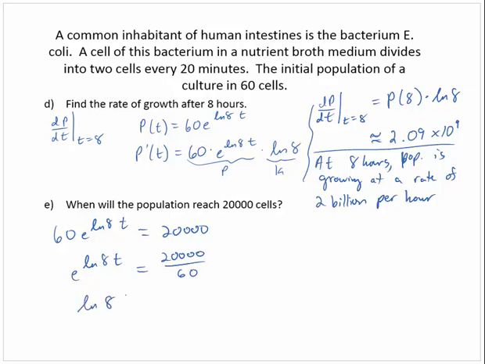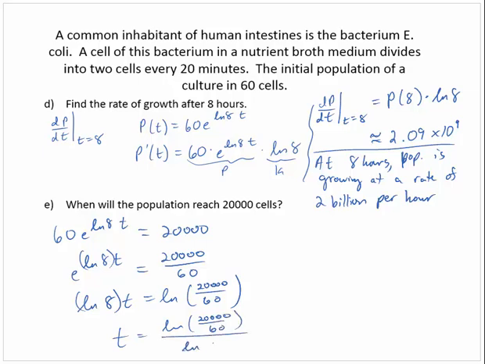So the natural log of 8 times t would be the natural log of 20,000 over 60, and divide through by natural log of 8. And so t would be the natural log of 20,000 over 60 over the natural log of 8. And that's approximately 2.8 hours.